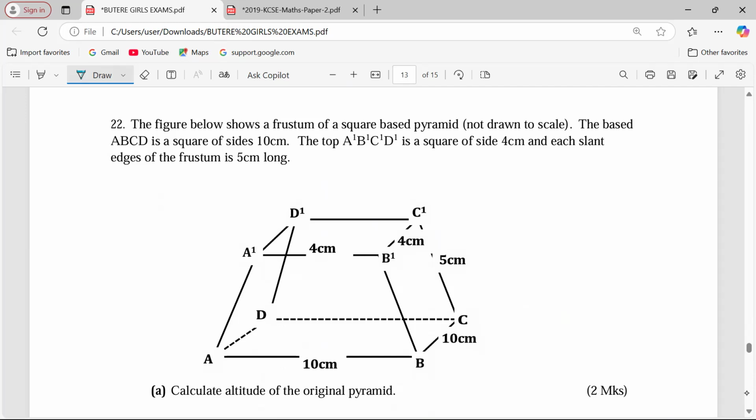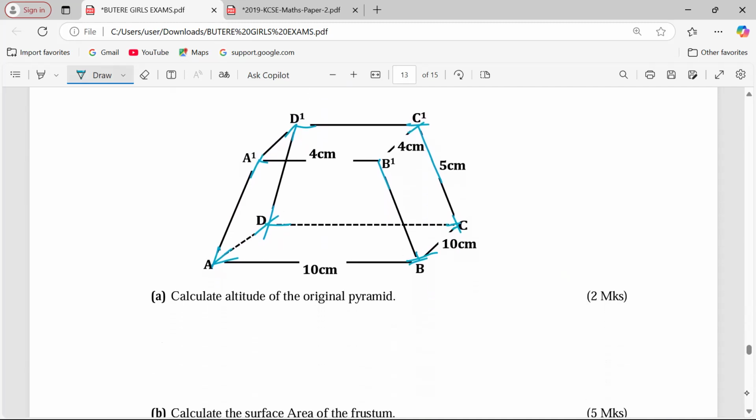As you can see, each side is 5 centimeters. So we are having 5 centimeters here. Each side is 5 that way. Yeah, so we have the diagram.